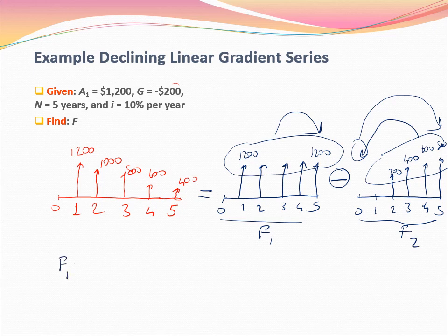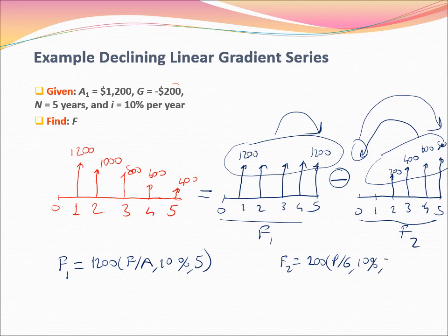For the first one, the future value will be equal to 1200 times F given A, interest rate is 10% and the number of periods is 5. And for the second one, I will first convert it to present time, so it will be 200 P given G, 10% and 5, then multiply this by a factor to convert it to future time. It will be F given P, 10% and 5.